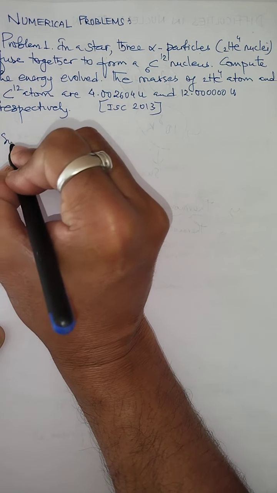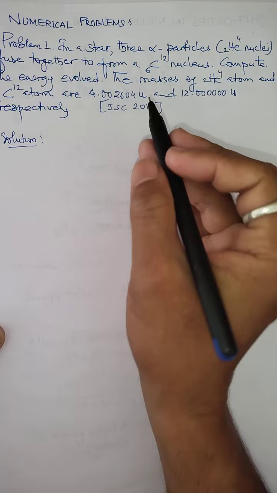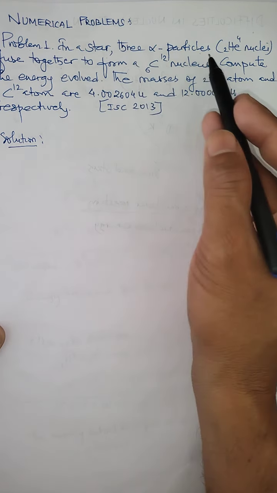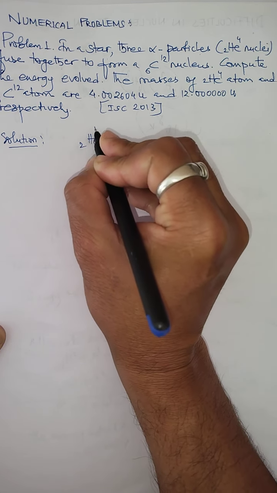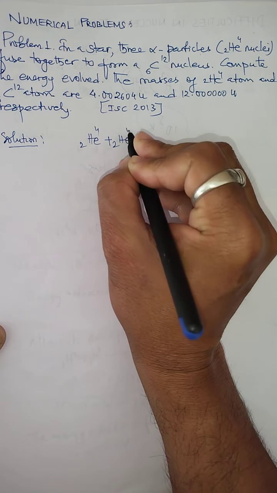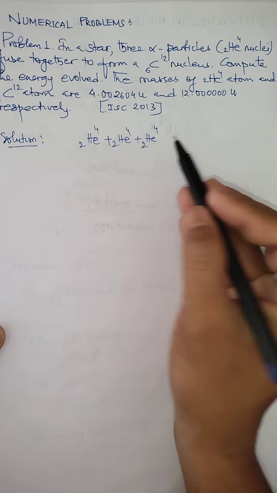In order to solve this problem, let me first write the same statement in the form of an equation or reaction. In a star, 3 alpha particles are fused together. Alpha particle means He-2-4.